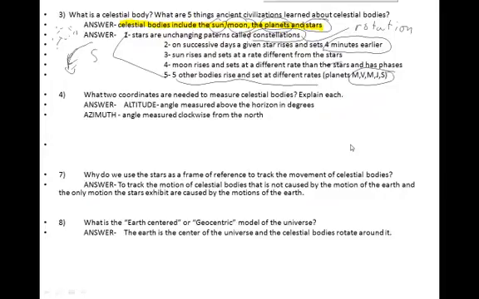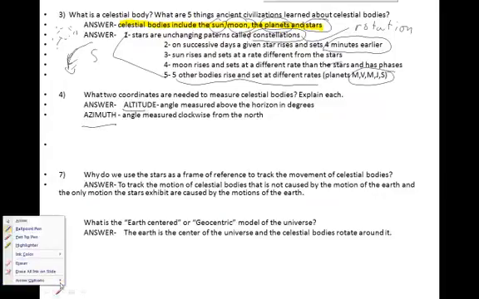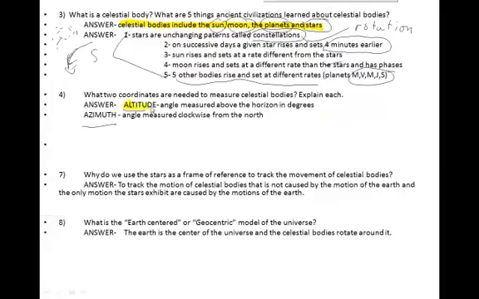Next, what 2 coordinates are needed to measure celestial bodies? The altitude and the azimuth are needed to measure celestial bodies. So the altitude goes something like this. Here's our horizon, and let's say we see an object in the sky.